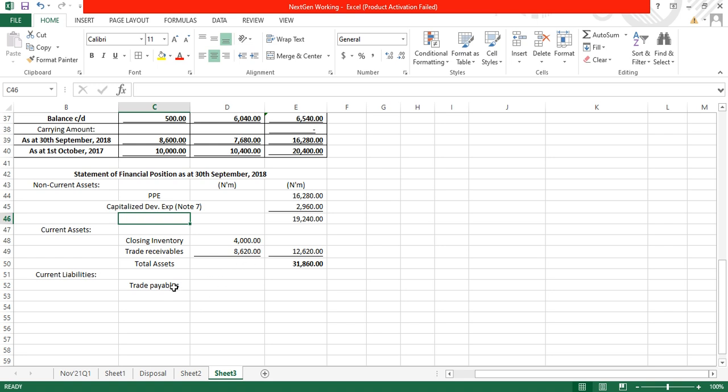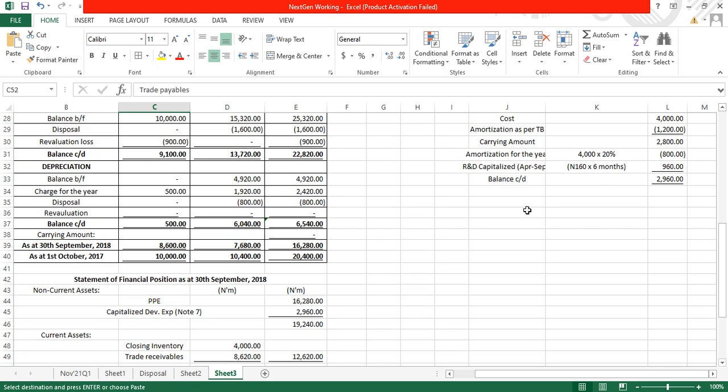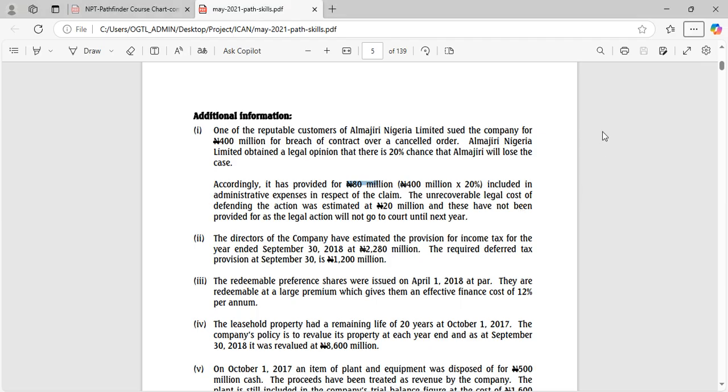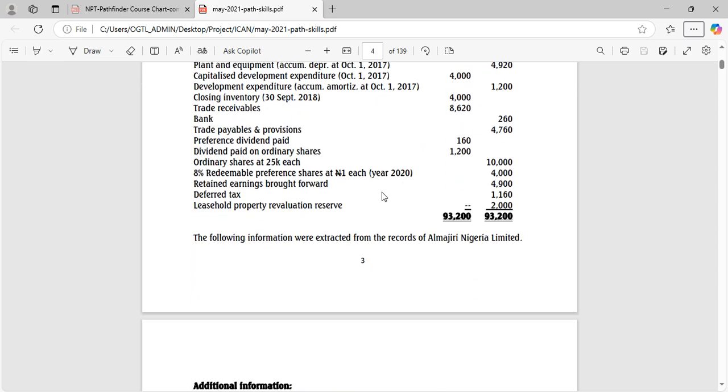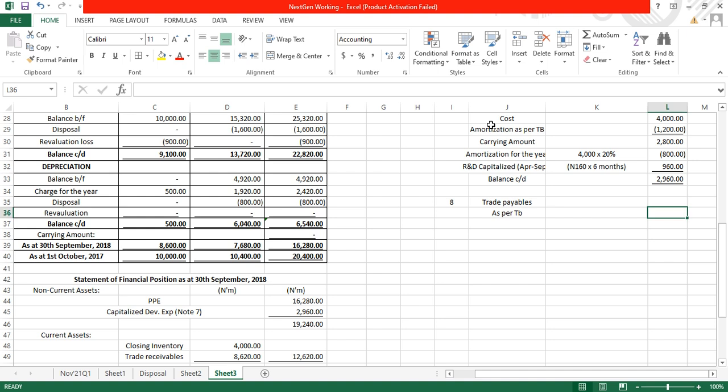Now, what's in my note 8? Let's do note 8 for these trade payables. For trade payables, we have as per TB, how much? 4,760, right? Less decrease in provision, which is 60.